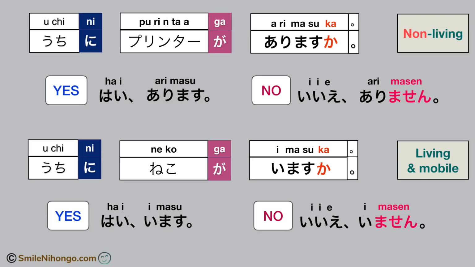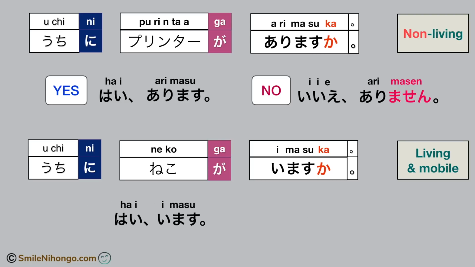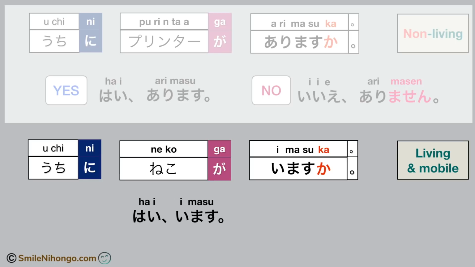Let me ask you the questions. Please say your own answer aloud after I ask you each question, okay? うちにプリンターがありますか？そうですか。うちに猫がいますか？そうですか。Let's expand your response a little bit. When somebody asks you, うちに猫がいますか?